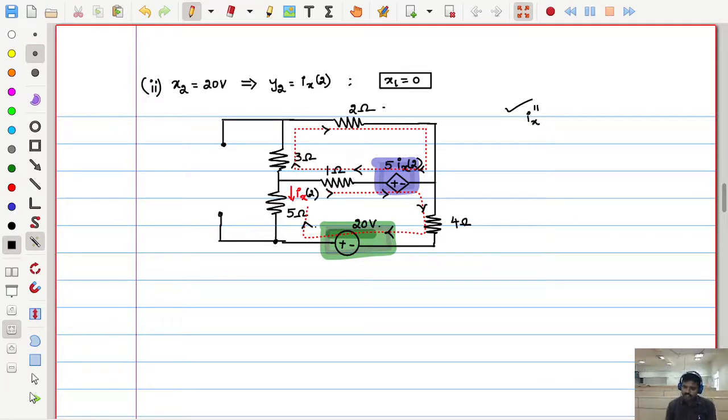Now only two meshes are there, because this current source was made 0, so there is no other element on this side, so no loop is formed, a closed path does not exist here.